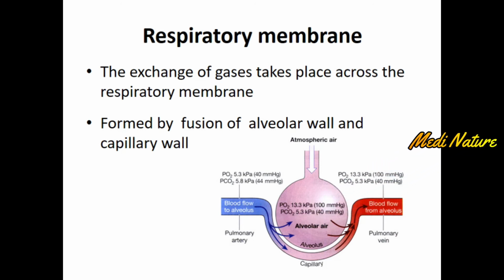It is formed by fusion of two structures, the alveolar wall and the capillary wall. So we can see the respiratory membrane consists of only two cell layers, one from the alveolar wall, the simple squamous layer, and the other from the capillary or blood vessel wall, that is, the endothelium.